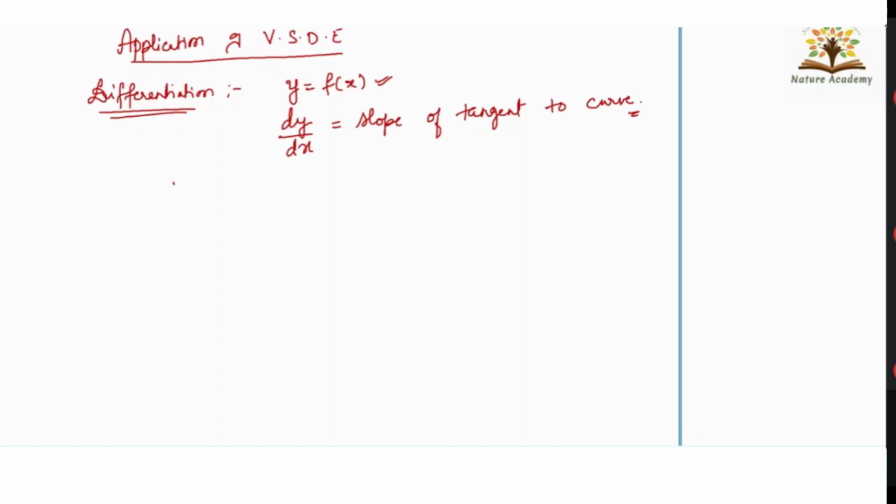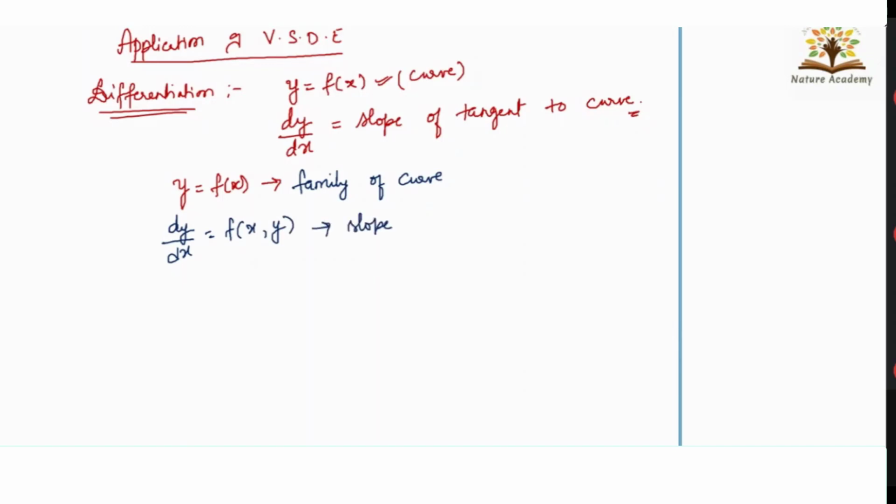Now, what if my f of x is representing a family of curves? If it is a family of curves, then also my dy by dx, say some function of x comma y, will be the slope of the tangent to the curve.